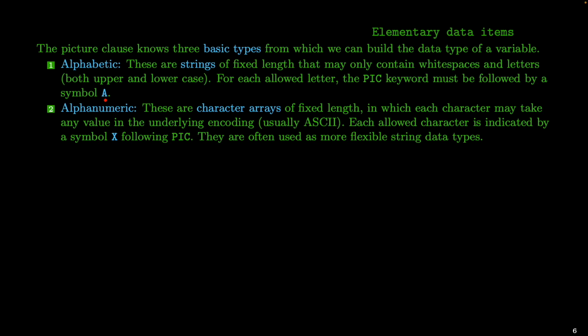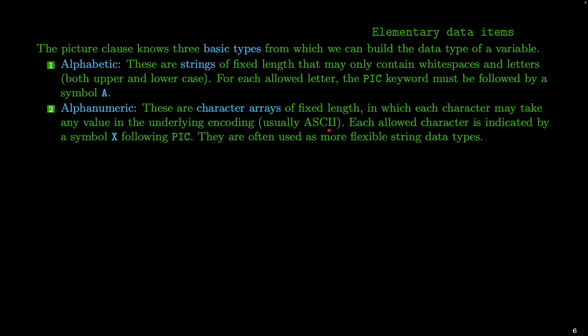Then there's the alphanumeric type, which is a bit more general. These are character arrays, again of fixed length, in which each character may assume any value of the underlying encoding. Usually this is ASCII, and in my examples I will always assume ASCII encoding.